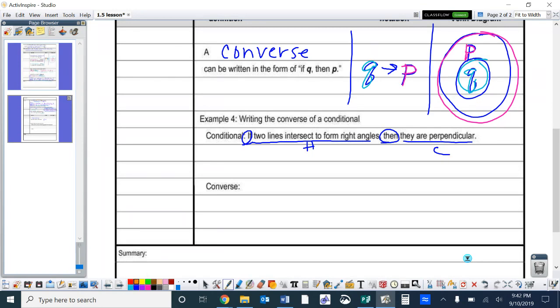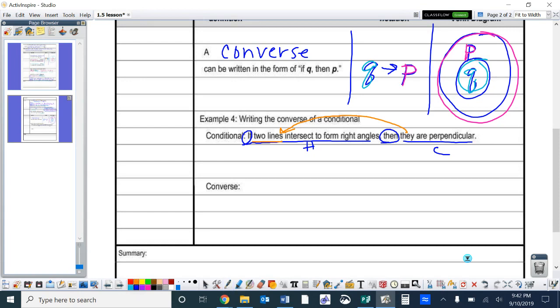We got to be aware of what our English language is saying. So they or it, what is it referring to? In this case, it's referring to two lines. So when we switch the order, we can't bring the word they to the front. We have to write two lines.